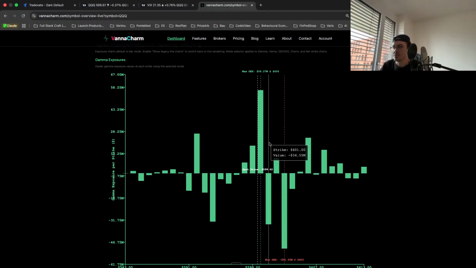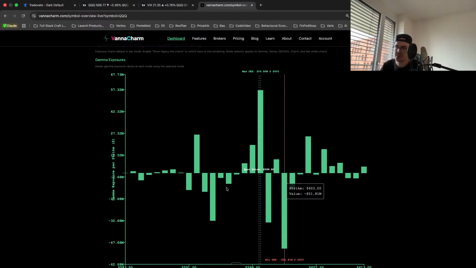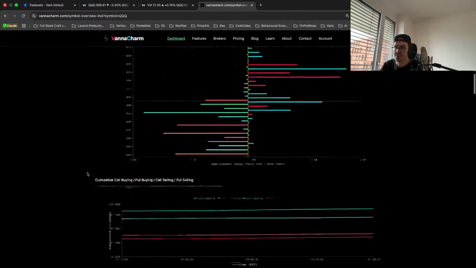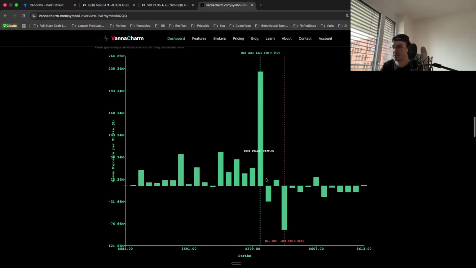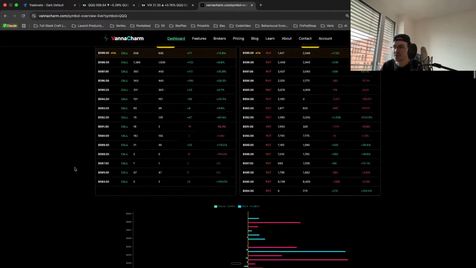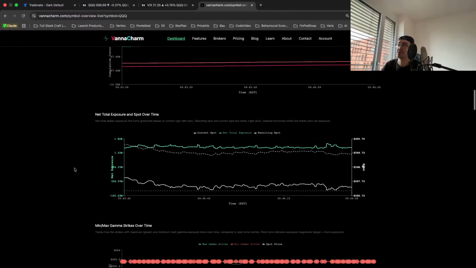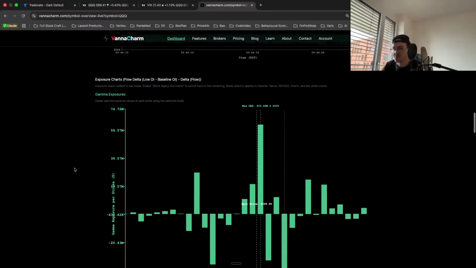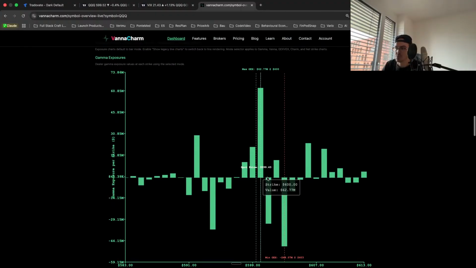For example, looks like a lot of people bought 601 calls, compared to the canonical, which is derived from just the plain open interest data. But with the delta flow, that highlights more of the contribution at each strike based on the options flows. So much more significant here, right?